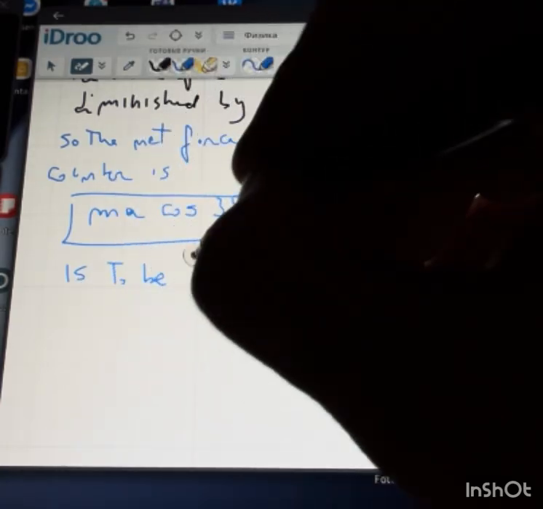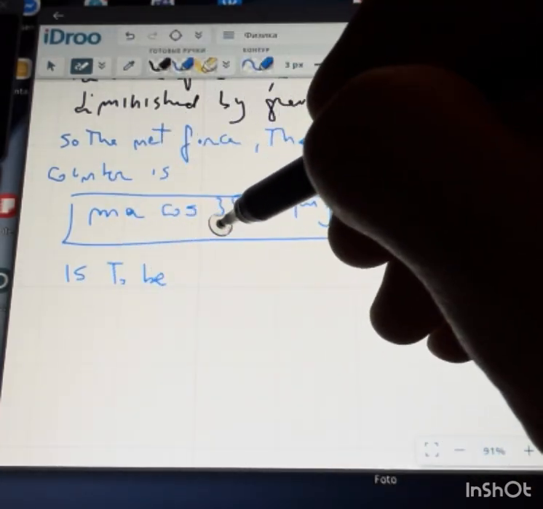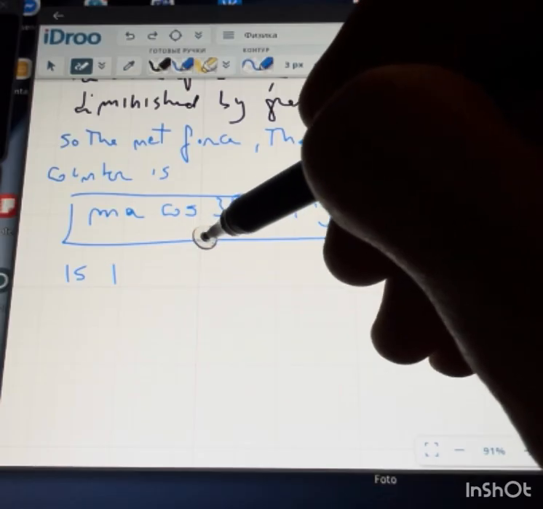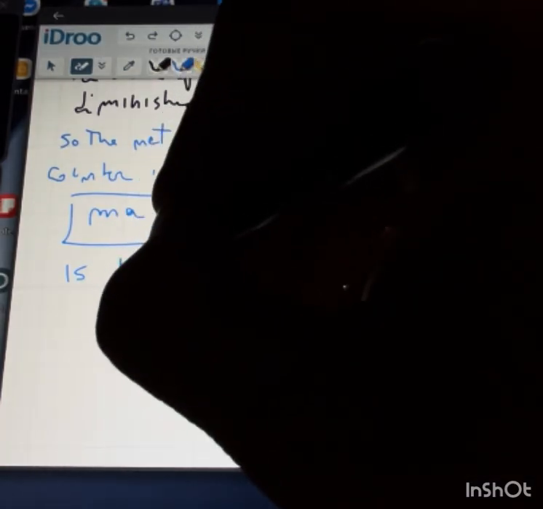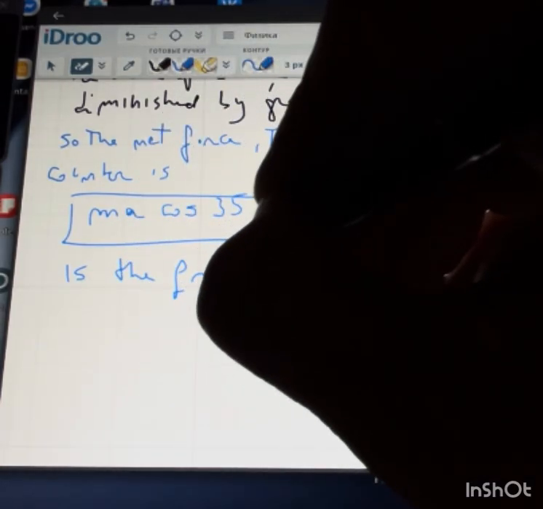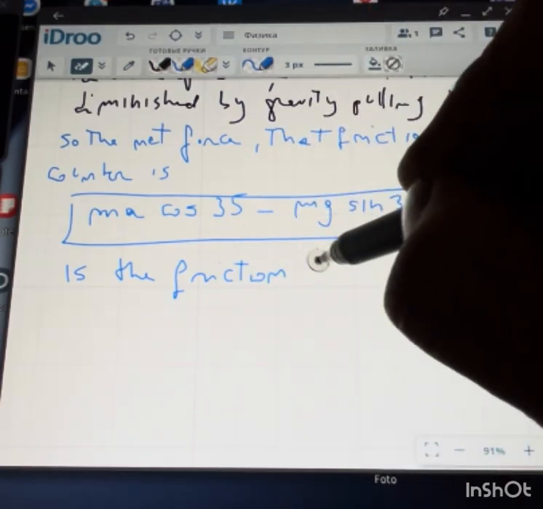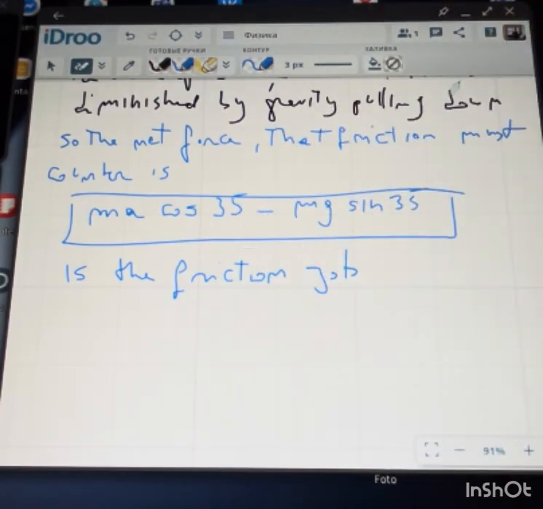This is, well, there is no mention about the friction coefficient. So this is the friction job. Okay. So this is the friction job, yes. Job, yeah. Okay.